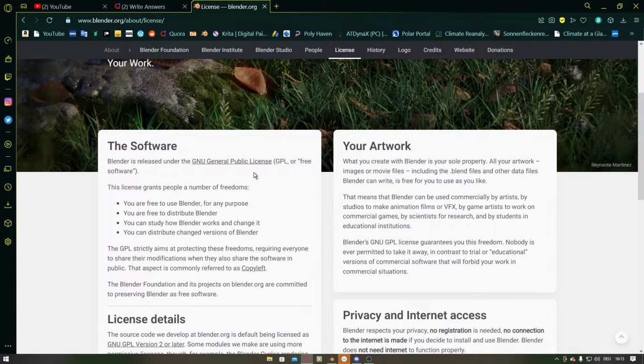Blender is released under the GPL as free software. This grants people a number of freedoms: free to use for any purpose, free to distribute. You can study how Blender works and change it. You can basically make a complete new thing out of it. Your artwork is yours, not like when you use other software.